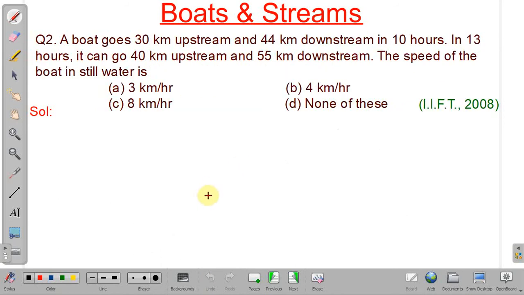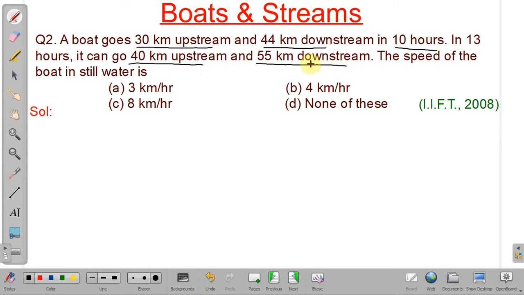See, in this problem it is given a boat goes 30 kilometer in upstream direction and 44 kilometer downstream direction and takes a time of 10 hours. Similarly, in second case it is given that going 40 kilometer upstream and 55 kilometer downstream it takes 13 hours. So we have to find the speed of the boat in still water.